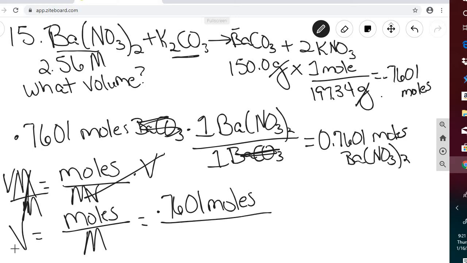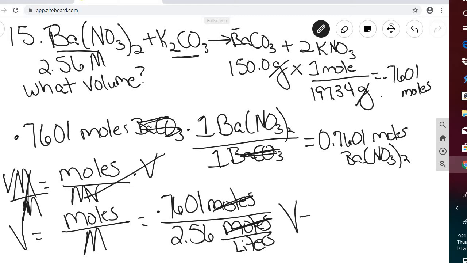And the molarity was given to us as 2.56 molar, which is the same as moles over liters. So moles cancel, and you're left with liters. With 3 significant figures, because this will limit us to 3 significant figures, the volume is going to be 0.297 liters.